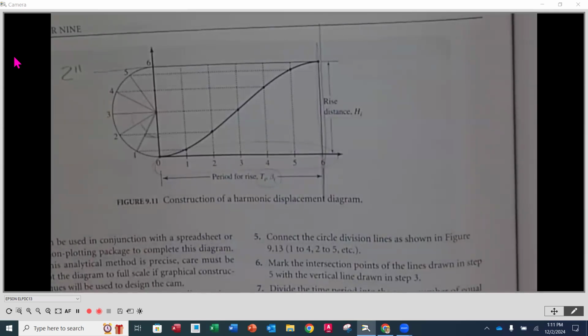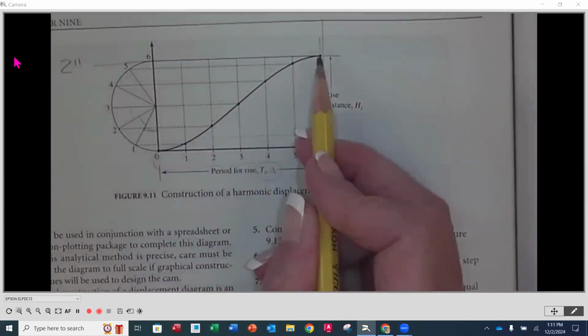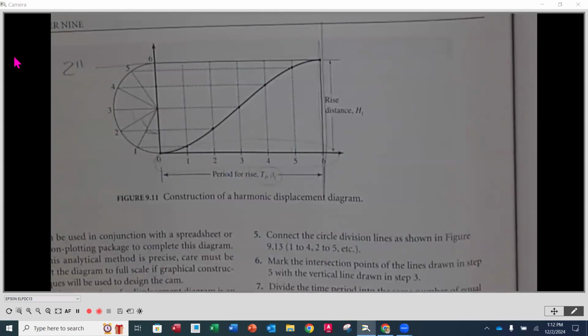Okay. Now, let me ask you this. Once I have the points in place, here's 0, 1, 2, 3, 4, 5, and 6. How am I going to connect those so that they look nice? Am I going to put a straight line in between each one in AutoCAD? Say no. Because it doesn't look straight here, does it? It's a curved line. So what type of a line am I going to put through those points? They call it a spline.